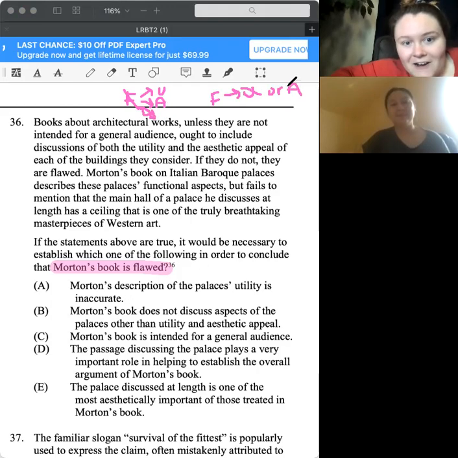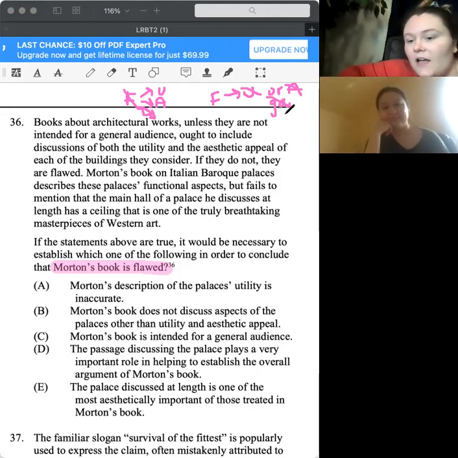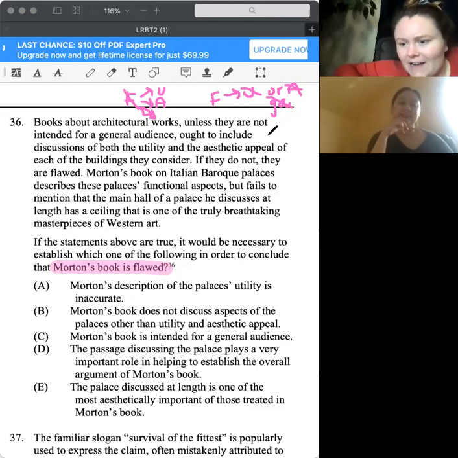Or they are not intended for a general audience, right? But isn't that a double negative? Not, because we're negating. Unless introduces "are not intended for a general audience." That's what I did, I did general audience and not general audience. Oh, I see, okay, sorry. No, you're fine. That's just my diagramming.